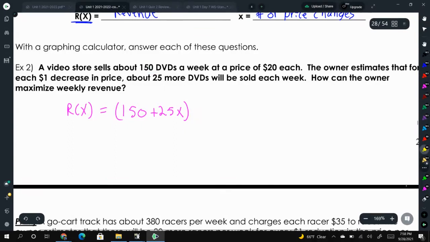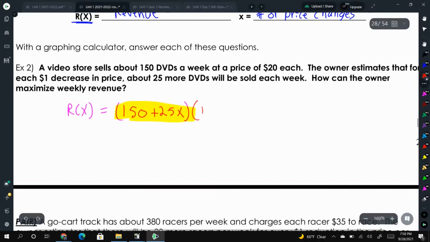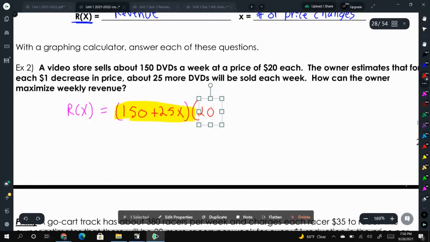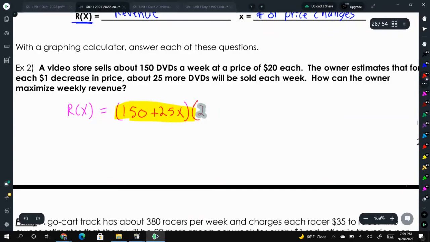So that can help you with getting the first equation. The first part, the number of sales. Then the second part is going to be 20, because that's how much each DVD costs. 20 minus 1x, because the price is going down by $1.